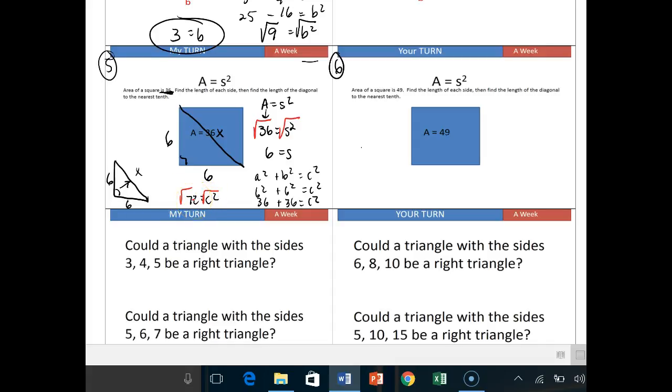The square root of 72 is going to give you a decimal, so no need to worry about getting decimals. The problem said find the length of the diagonal to the nearest tenth. So c is equal to about 8.485, and to the nearest tenth, c is equal to 8.5. That's it for part 2.